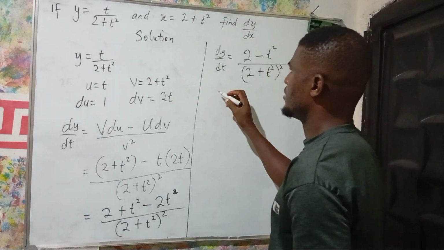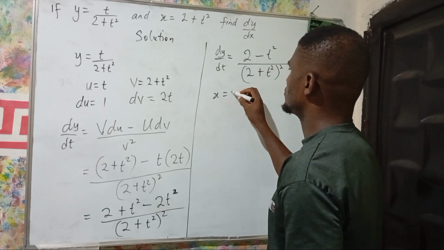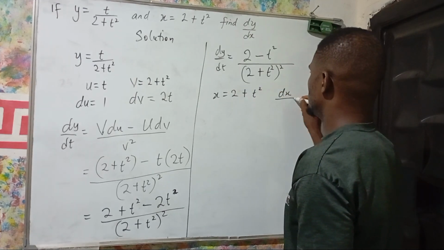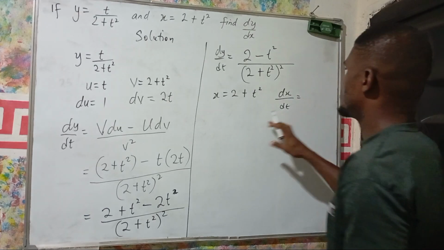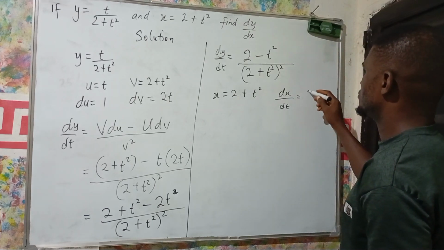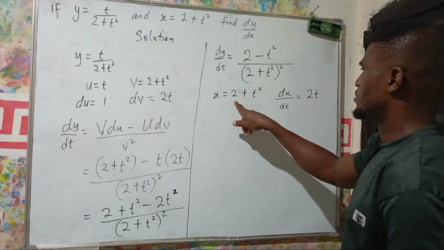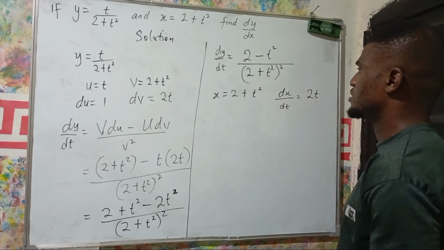Now we need to find our dx/dt. Remember, x is equal to 2 plus t squared. So our dx/dt would be equal to 2t. Differentiate this, you have 0. When you differentiate this, you have 2t.